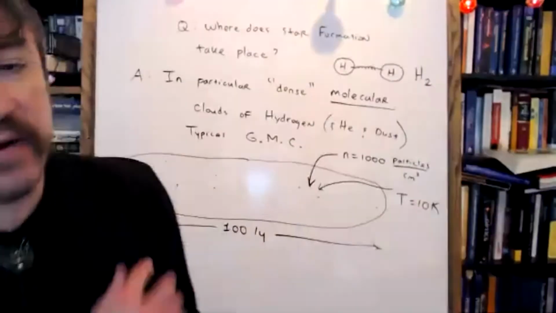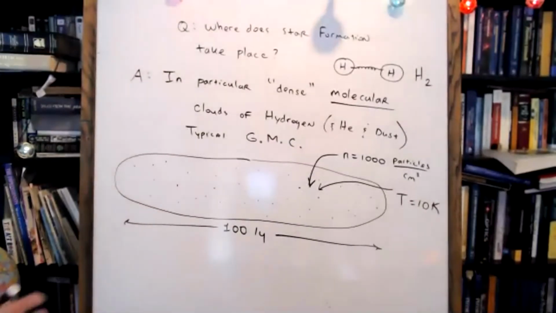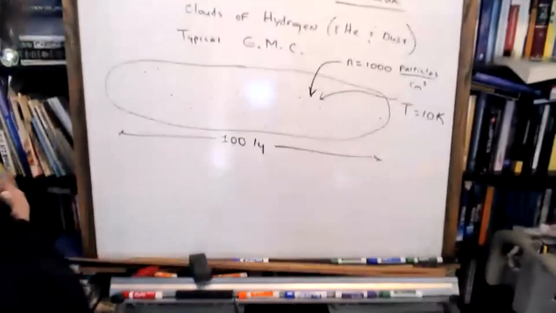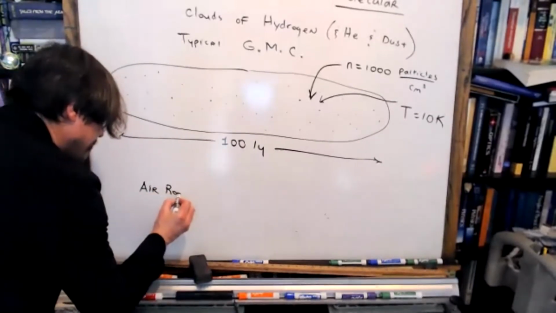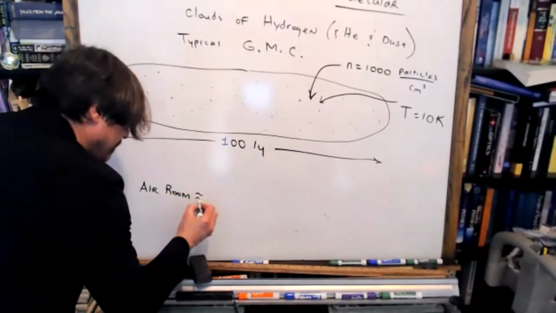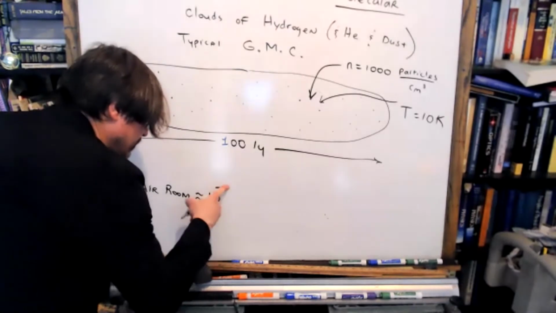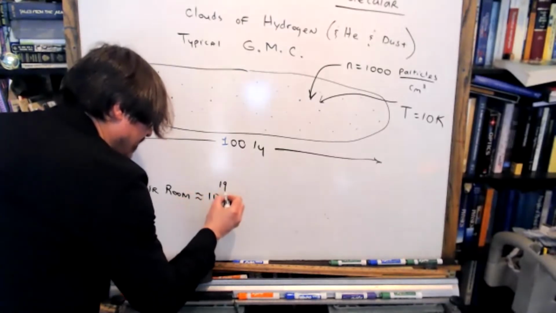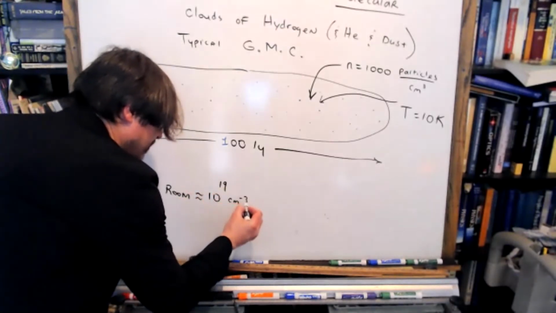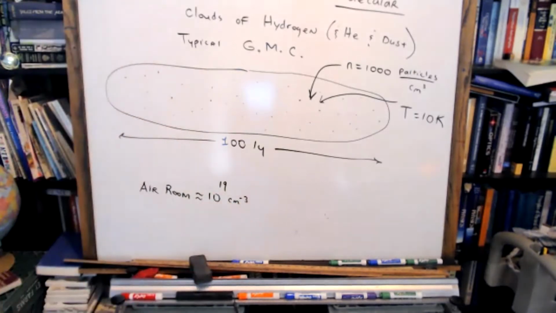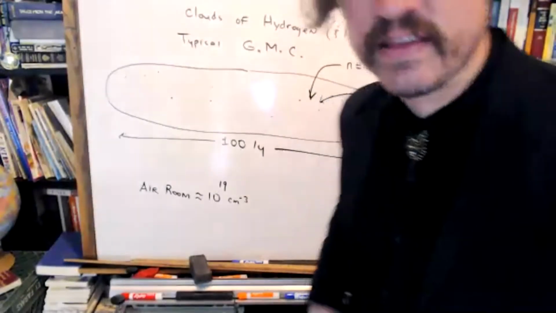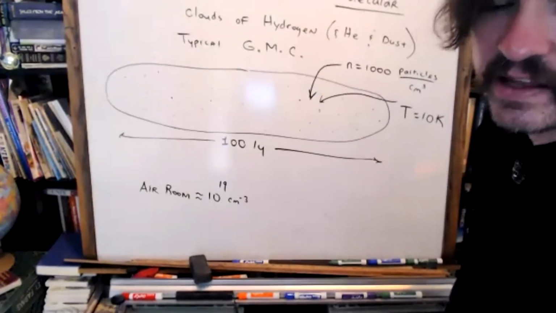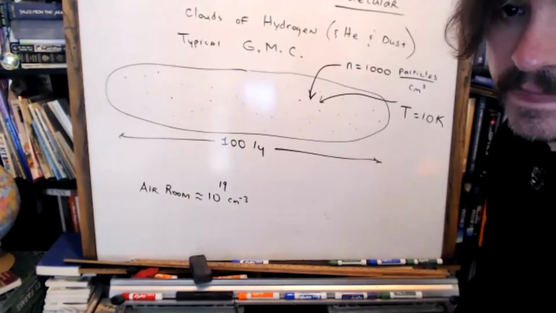So by comparison, let's write this down over here. Air in a room is about 10 to the power of 19 particles per cubic centimeter. I want you guys to tell me how many times less dense is this cloud than the air in this room.